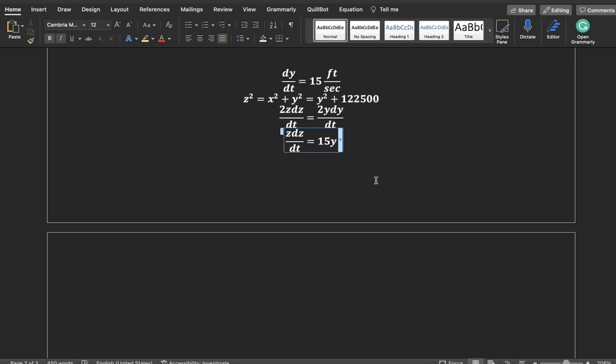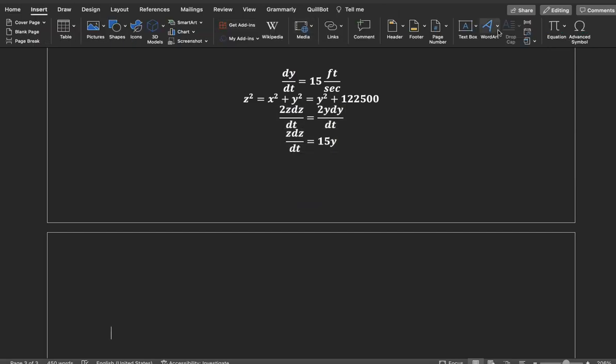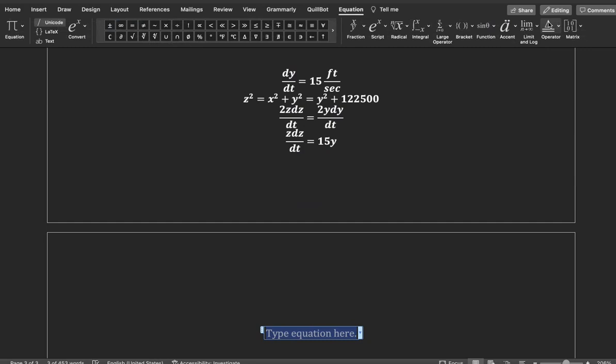And if you were to solve for dz/dt, which is what we're trying to find, you have that dz/dt is equal to 15y over z.